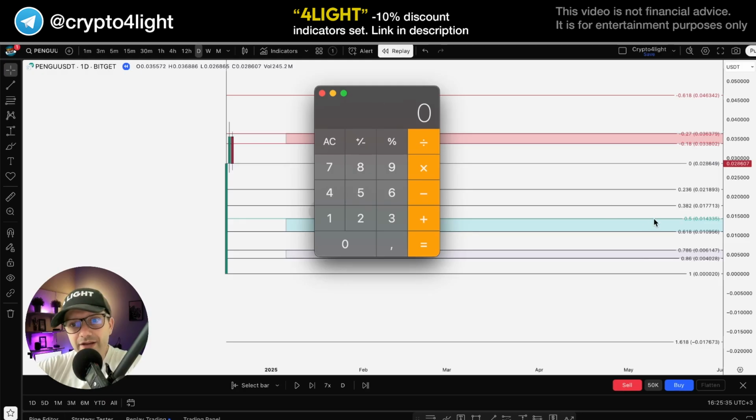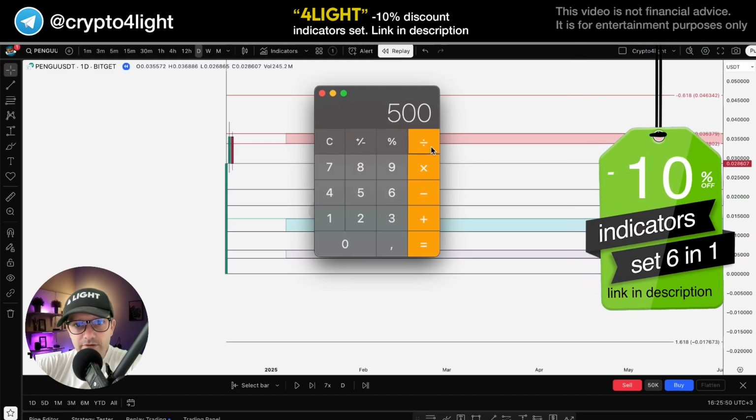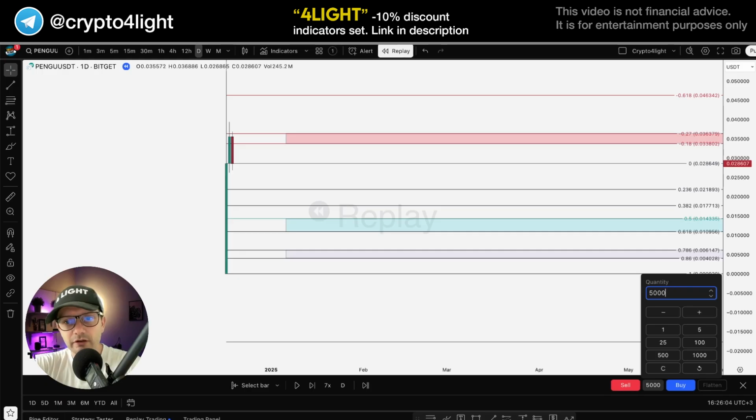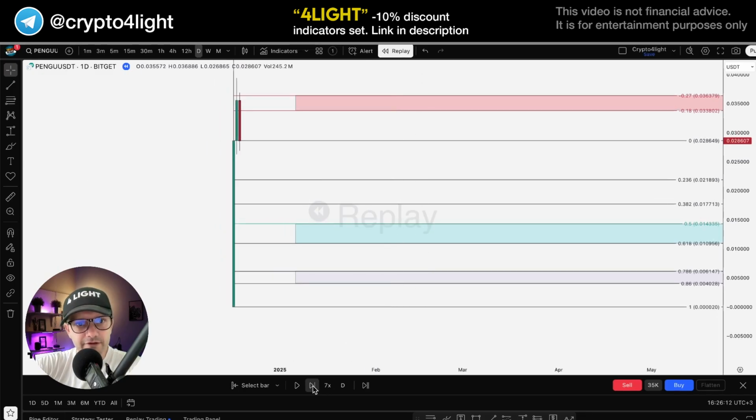I'm ready to spend $500 at 0.01433. For $500 at 0.01433, I can buy 34K, so let's say 35K. Got it. So I put it here and wait for 35K tokens. So we wait for the price to go down, drop.